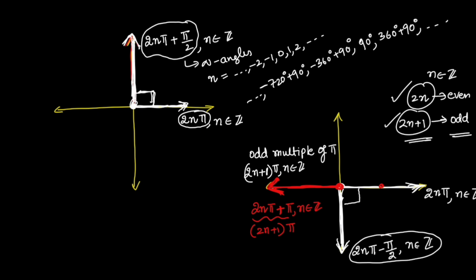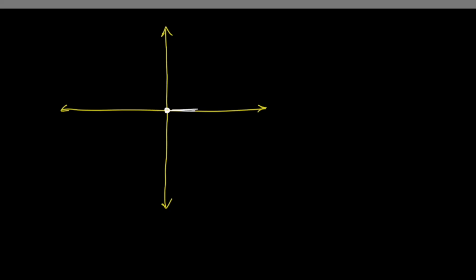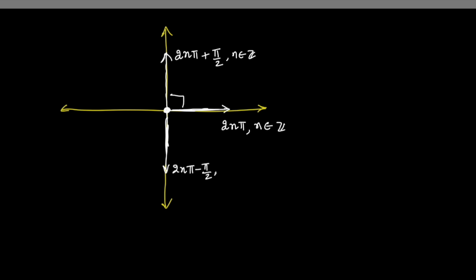So let's summarize what I have discussed till now. All angles for which the positive x-axis is the terminal portion would be in the form of 2nπ, that is an even multiple of π. All angles for which the positive y-axis would be the terminal position would be in the form of 2nπ plus π/2, where n is an integer. All angles for which the negative y-axis would be the terminal portion would be in the form of 2nπ minus π/2.